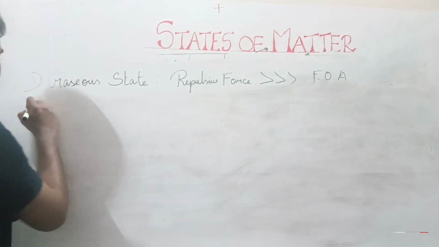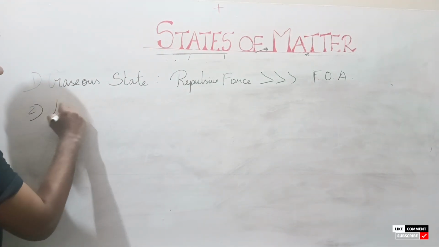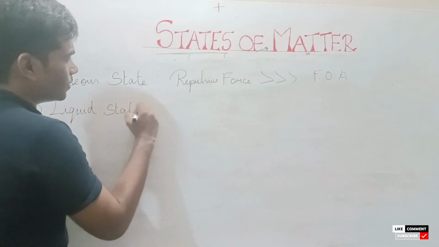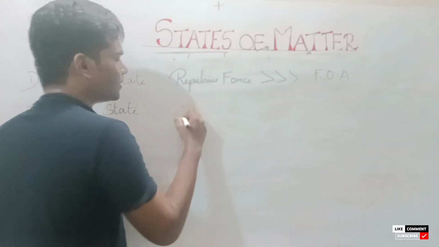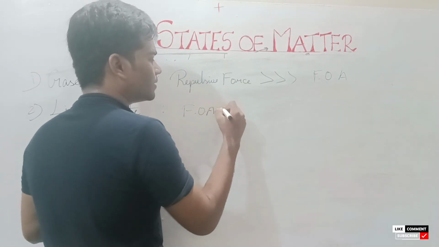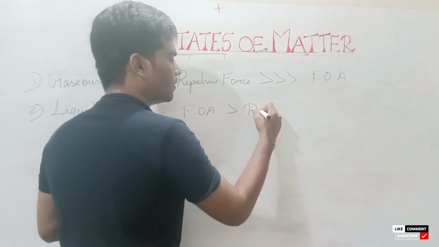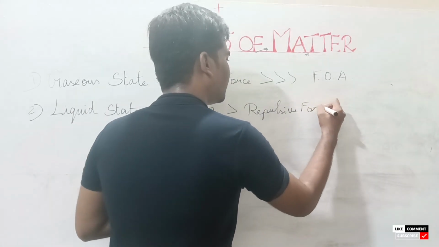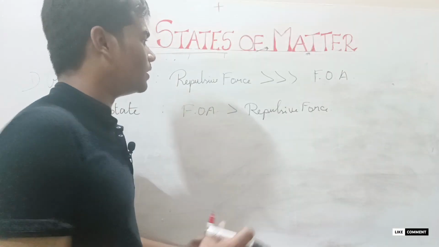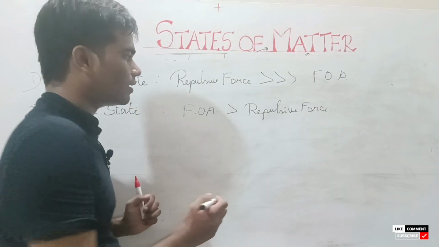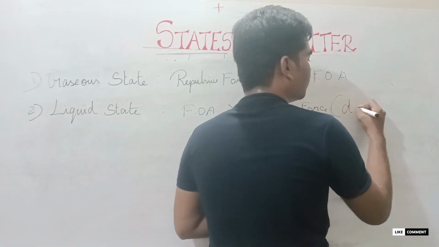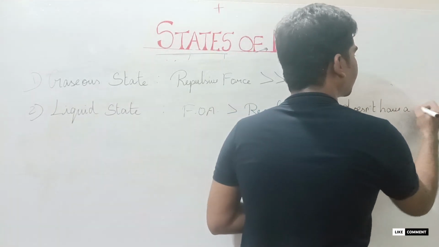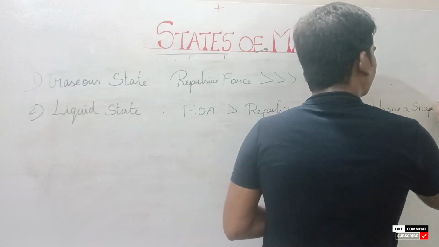And the second one is the liquid state. Here, the force of attraction is greater than the repulsive force, but it is not that much stronger than the repulsive force, so it doesn't have a shape of its own.